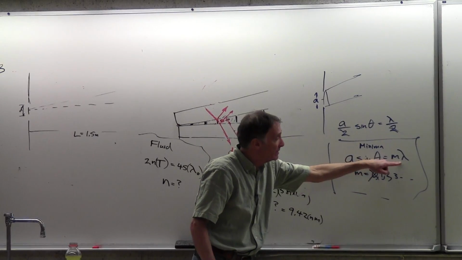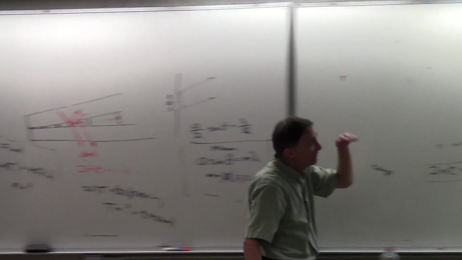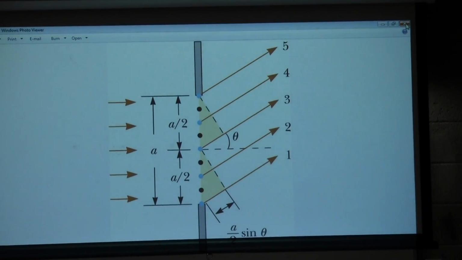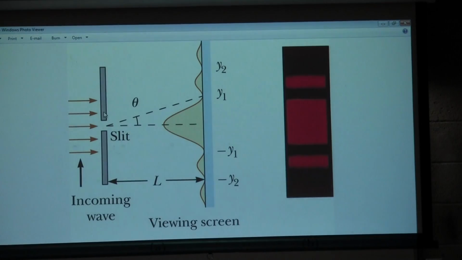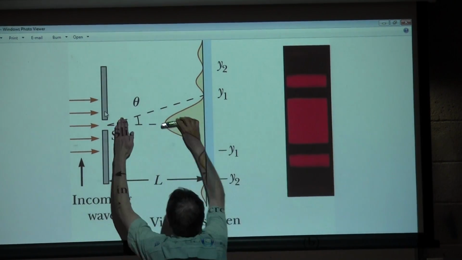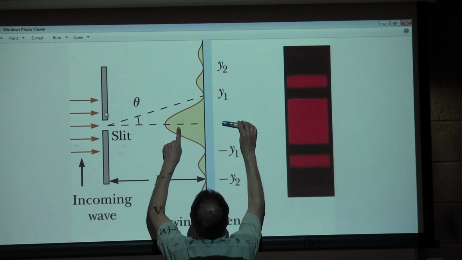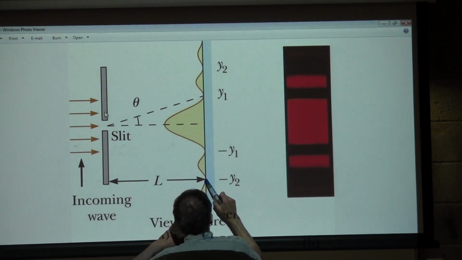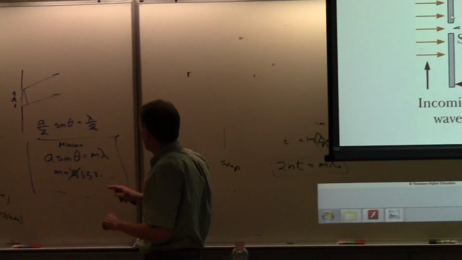If this was equal to 0, that would only happen at theta equal to 0, and if theta is 0, that is back where we're at the central maximum. So m can't be 0 for this. This is just the position of the minima, and they are found with this m value.